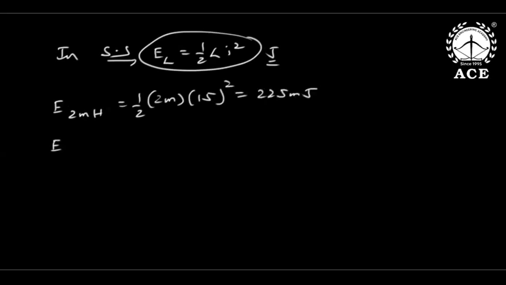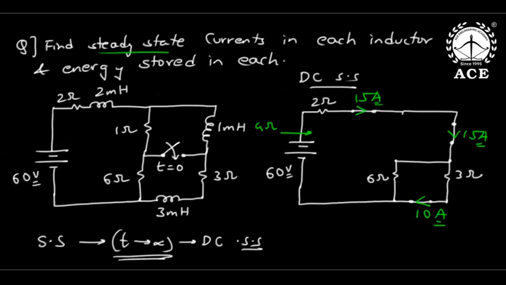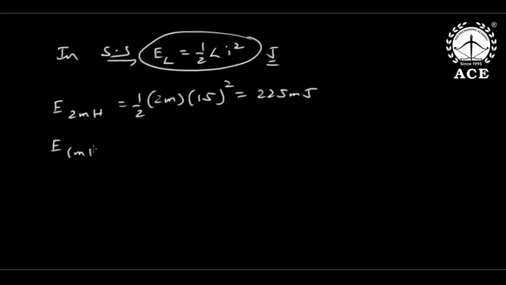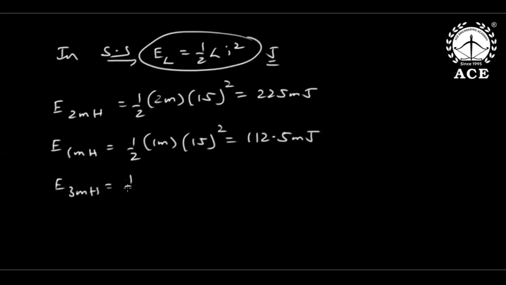Then the energy stored in the 1 millihenry is half L i squared with 15 squared, that is 112.5 millijoules. Then the energy stored in the 3 millihenry is half L i squared, with i squared being 10 squared, that is 150 millijoules.